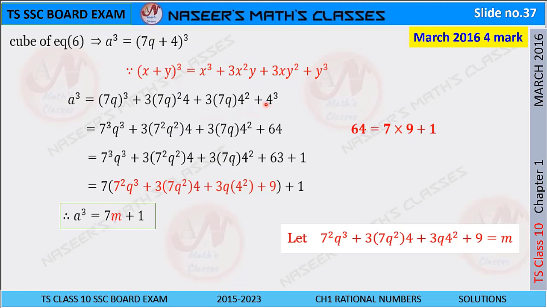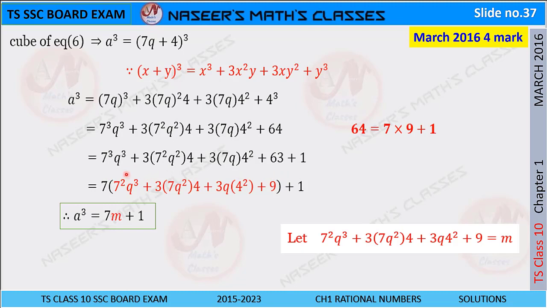Here 4 cube is written as 64 and 64 again split into 63 plus 1. And 63 can be written as 7 into 9. From that one we take out 7 common. So in first term, second term, third term and fourth term we have 7 common.